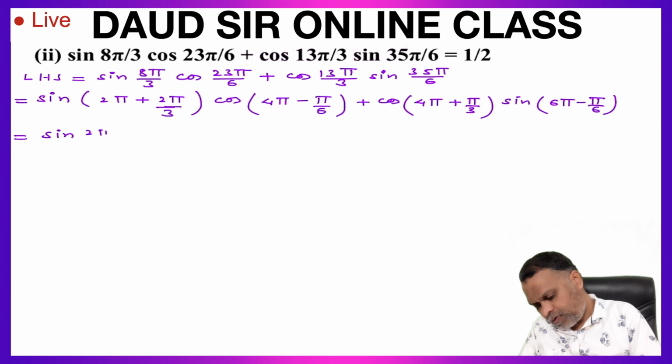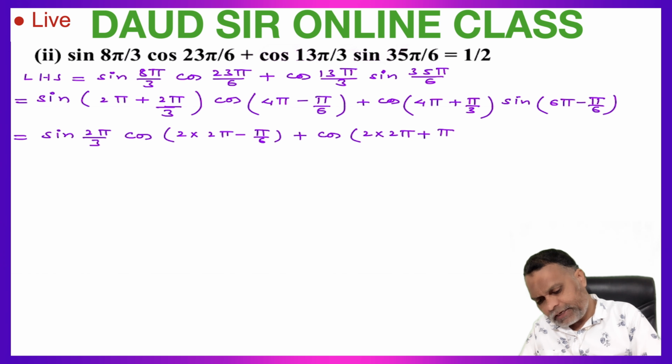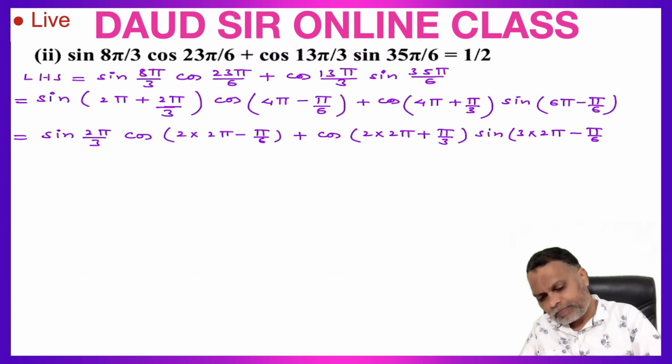Sine 2 pi by 3 into cos 4 pi can be written as 2 into 2 pi minus pi by 6, plus cos, again this 4 pi can be written as 2 into 2 pi plus pi by 3, into sine, this 6 pi can be written as 3 into 2 pi minus pi by 6, which is equal to sine 2 pi by 3.